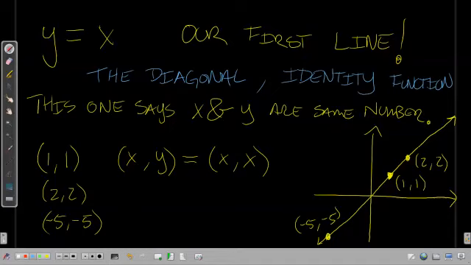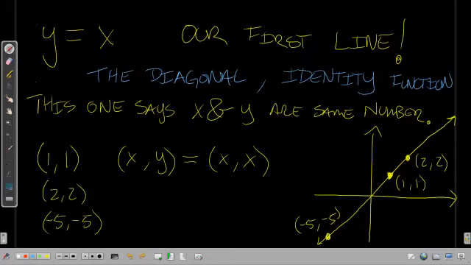I bet you can guess why it has both those names. It's the diagonal because it goes perfectly diagonal across the plane, and it's the identity function because whatever you gave it for x, it makes the other coordinate become identical.